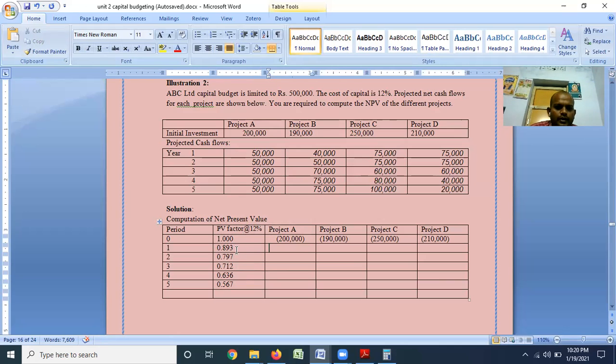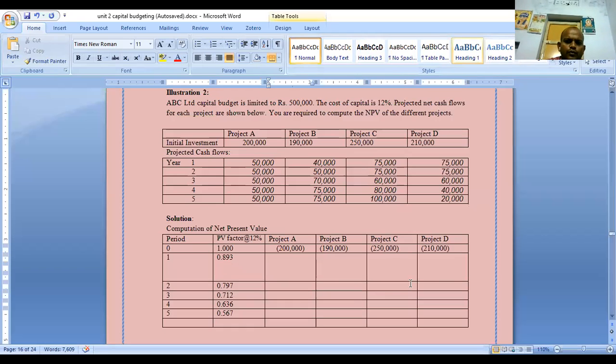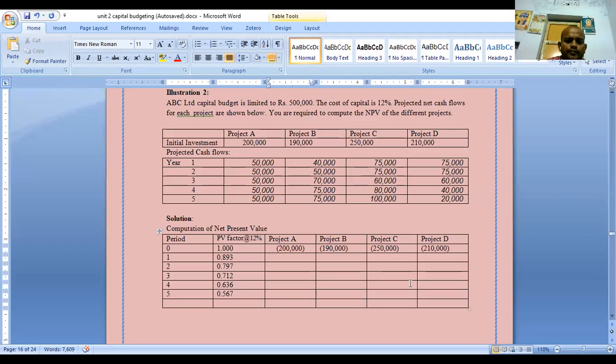So 0.893 into 50,000 in project B, 0.893 into 40,000 in project B, and with 75,000 in project C, and with 75,000 in the project D. Likewise, we have to convert the cash inflows into present values. If you do observe in project A, cash inflows are uniform.